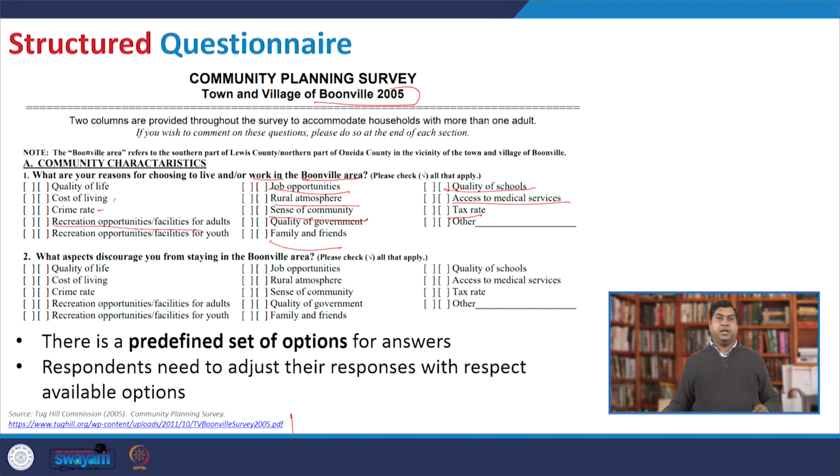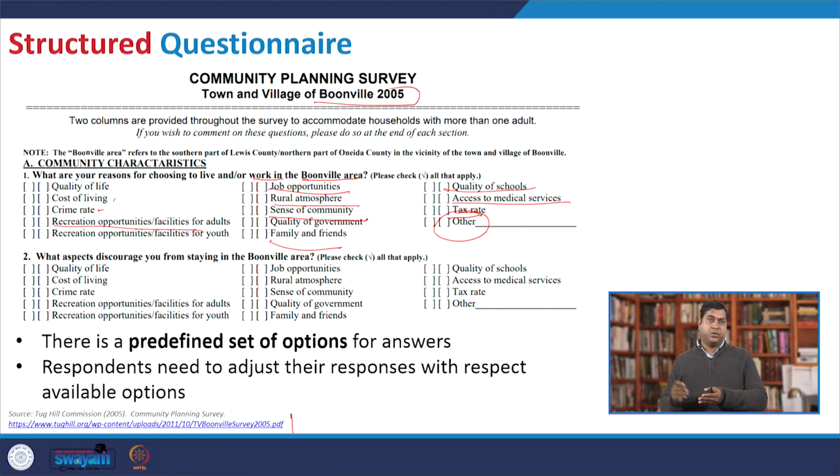But at the same time, for such kinds of questions, the answers can also go beyond the options that you are giving, so it is a good idea to give one option called others. That means if it is something not listed, they can also add it.